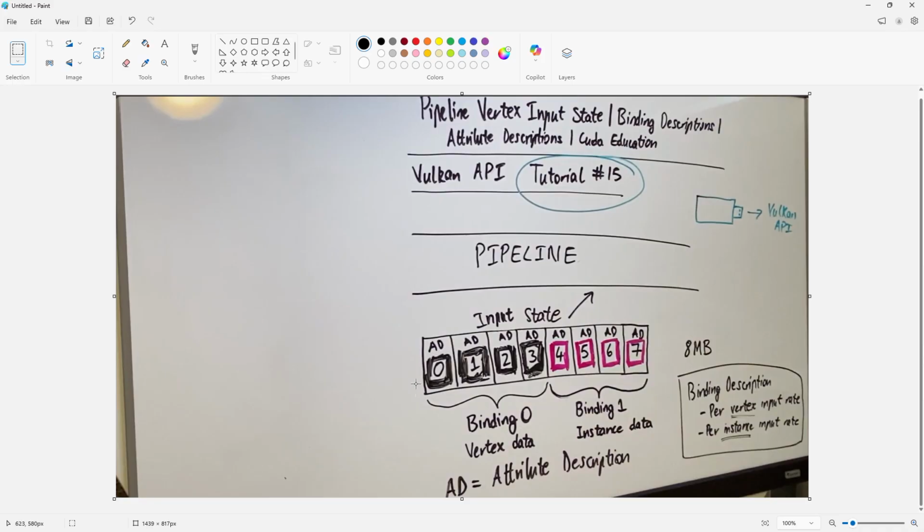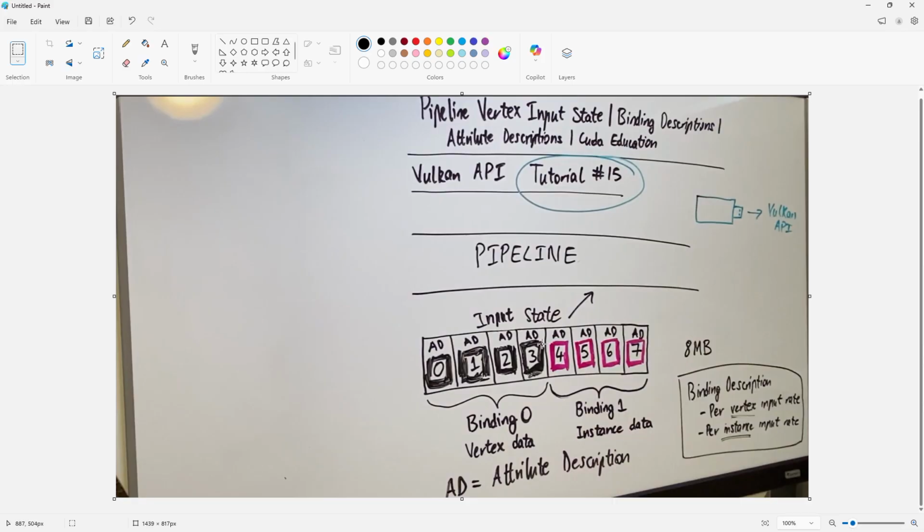So notice here that for the section that we're dealing with in vertex data, which happens to be associated with binding 0, in this whiteboard case, the data looks black, right?